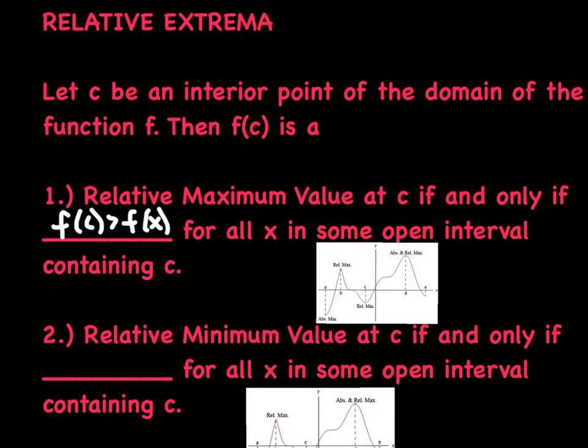The same could be set up here: within this neighborhood, there's a point, in this case called d to be more specific, such that f of d is greater than every other f of x within that neighborhood. Because we're only focusing on such a small neighborhood, that's why we said earlier that there could be multiple relative maximums and minimums on a particular function.